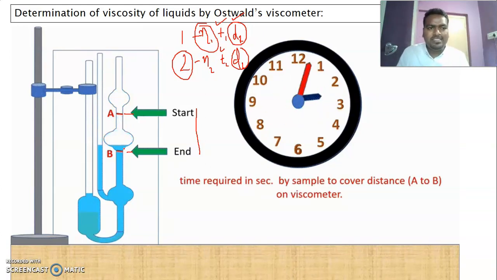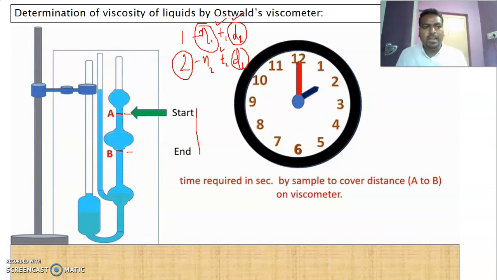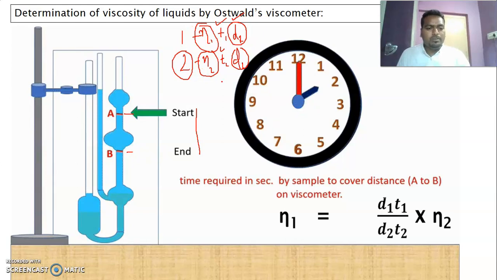If you measure the density and time of 2 liquids, and we know the viscosity coefficient of water, usually we take water as the reference liquid. Then by using the formula, eta 1 is equal to d1 t1 divided by d2 t2, into eta 2.